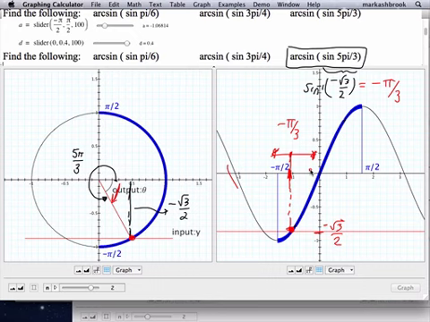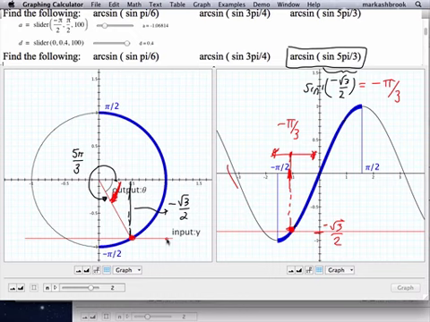Or this angle right here, going like that. So whenever you have a negative distance above the horizontal diameter, you're going to get a negative angle for arcsine. Any negative distance down here is going to be a negative angle from negative pi over 2 to 0.